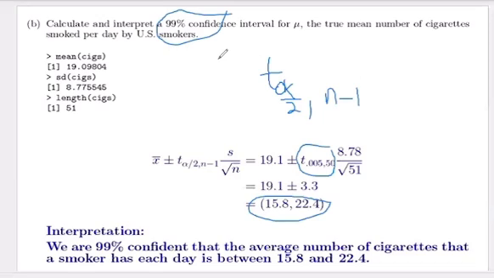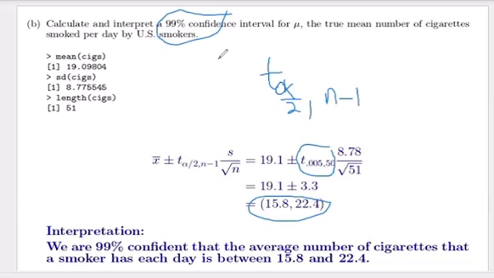Now, to interpret: we are 99% confident that the average number of cigarettes that a smoker has each day is between this and this. It is safer to report an interval estimate than just reporting 19.1, which is a point estimate here.